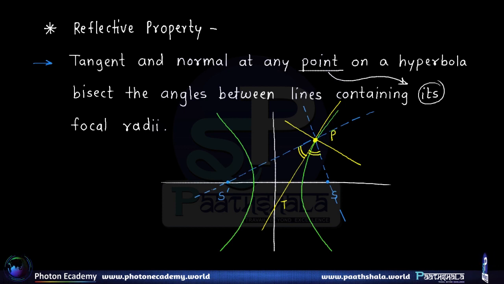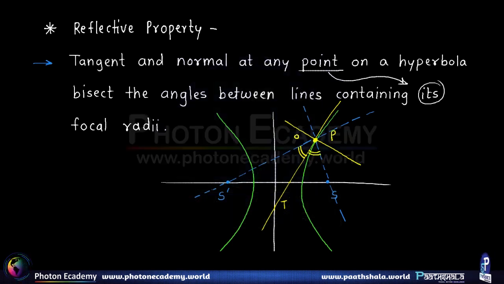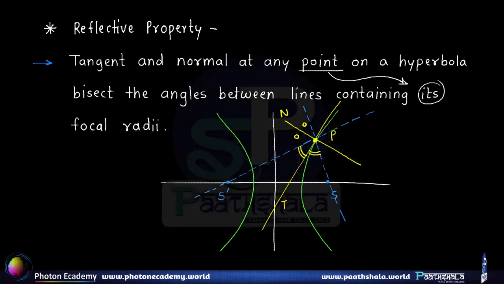Similarly, the angle between the first focal radius, S dash P, and the normal is the same as the angle between the second focal radius, that is SP, and the same normal. In this way the tangent as well as the normal are both angle bisectors between the lines containing the focal radii.